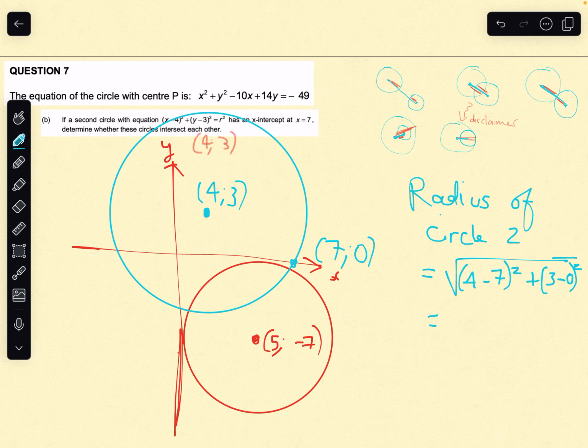Okay, so then that will be minus 3 squared, so that's 9, plus another 9, so that's root 18, which is 3 root 2. Okay, so that's the length of the radius. So let's just say big R is equal to 3 root 2.